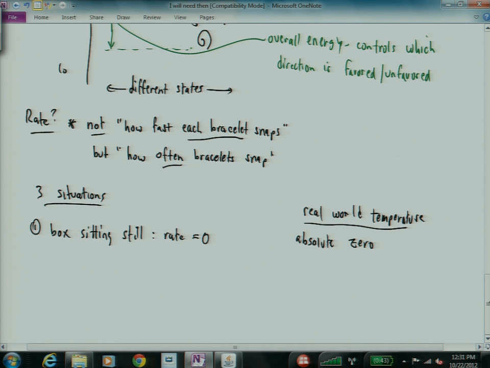Number two, box shaking a little, the rate is low. And three, the box shaking a lot, the rate is higher. And this is like warm and hot, right?